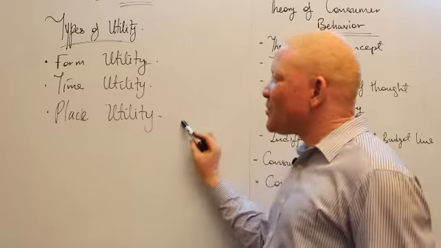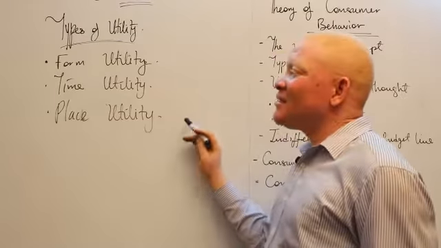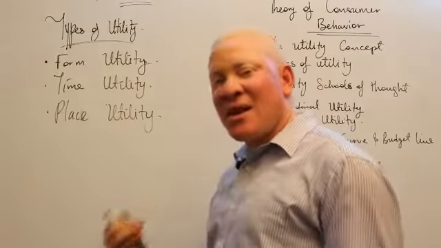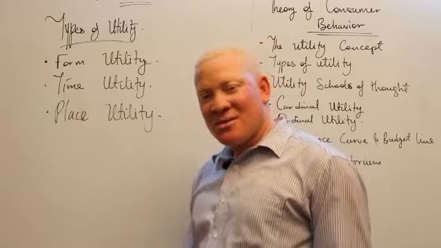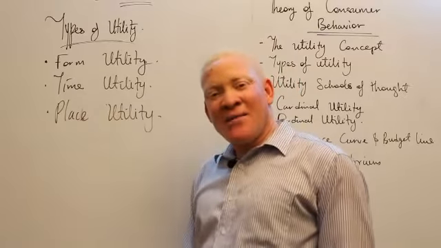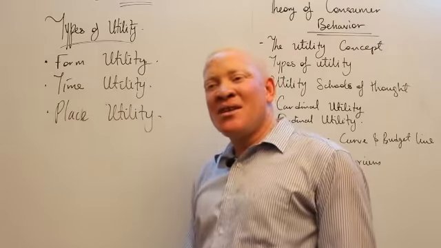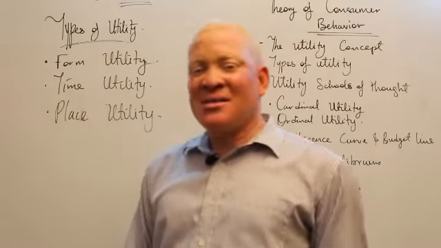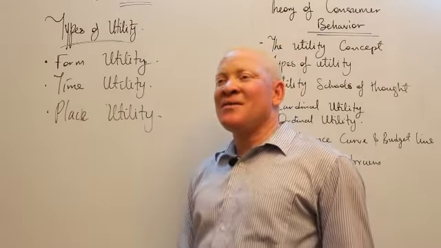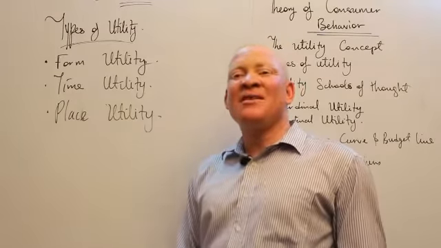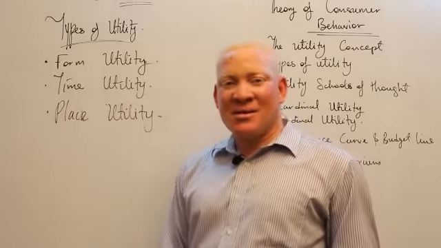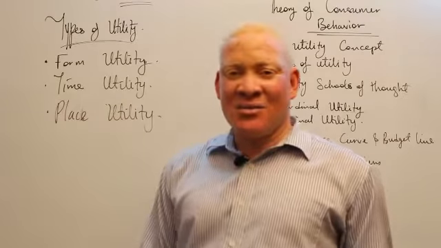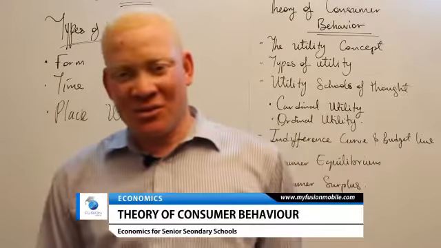Now, the third one, place utility, is the kind of utility derived from a product or a commodity whenever it is made available at a specific place. That means those things or those services have to be made available at the point where it is needed, where it can yield satisfaction.